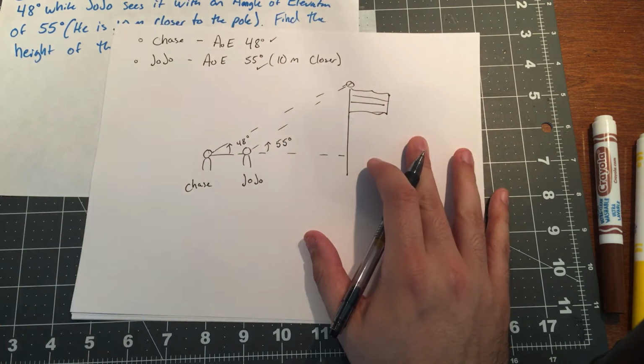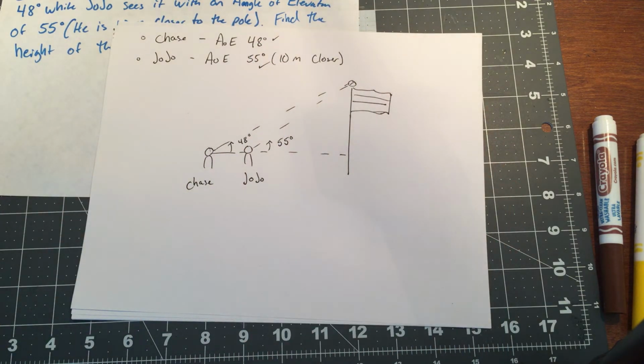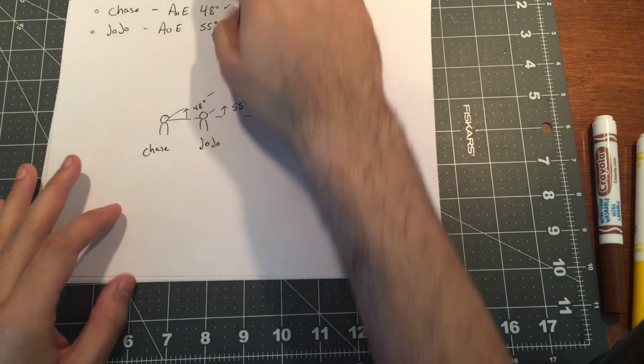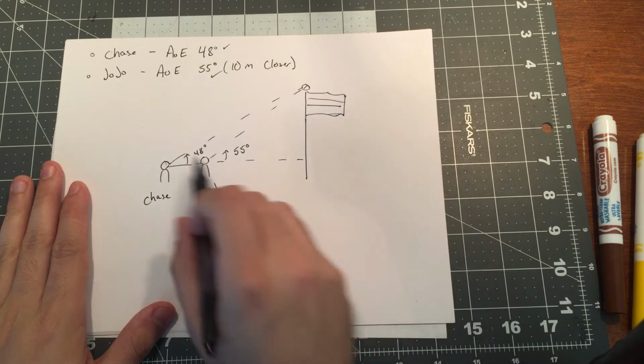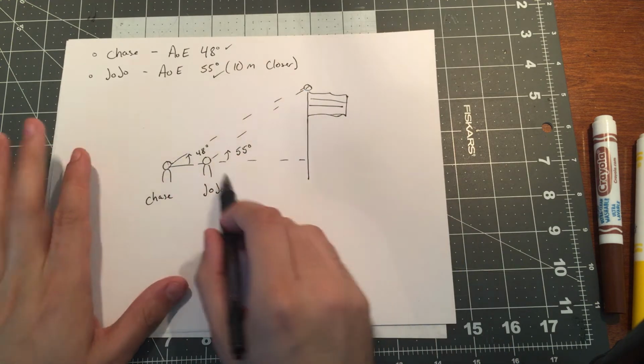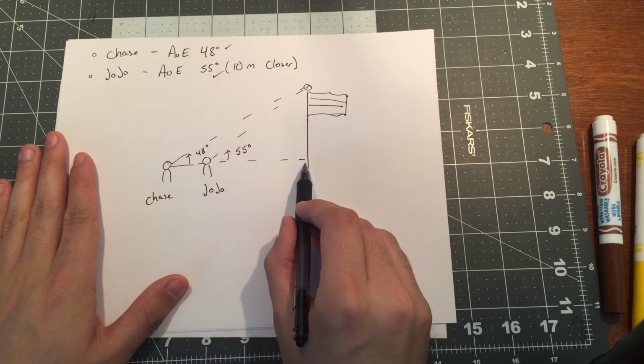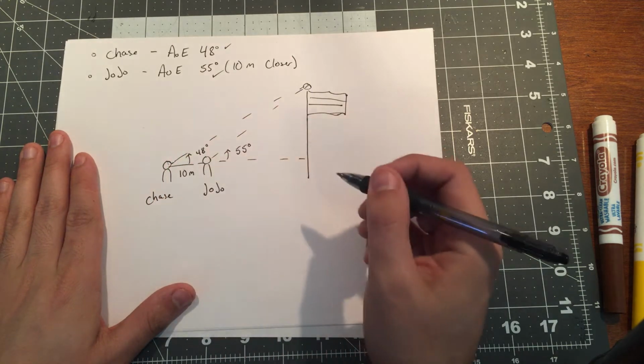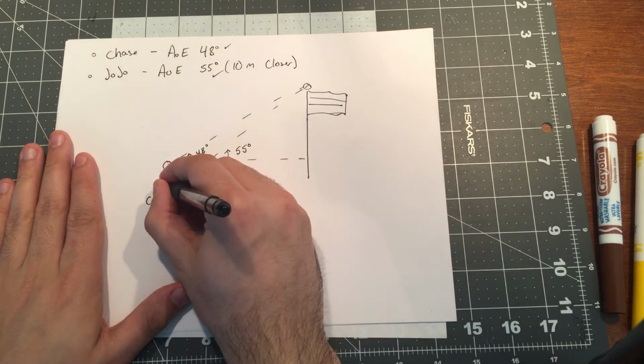And like I mentioned before, especially while learning remotely, there will be information I give you that you'll need to use. So you'll have to use everything I give you. So let's use the 10 meters closer. Well, we have two options. This is not 10 meters, but we know this is 10 meters right here, just between them.